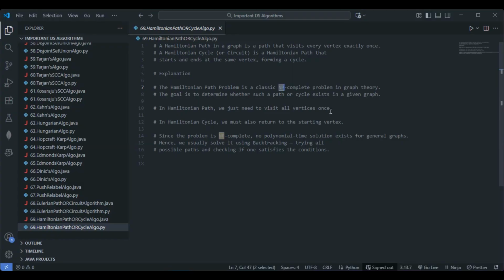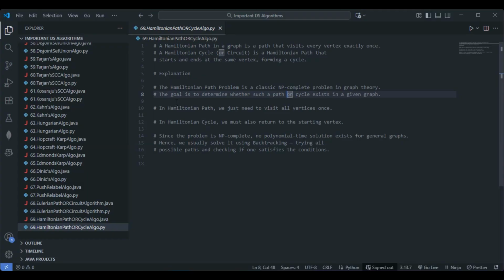NP complete problems are the hardest problems among the NP problems. Just remember this: the Hamiltonian path problem is a classic NP complete problem in graph theory.